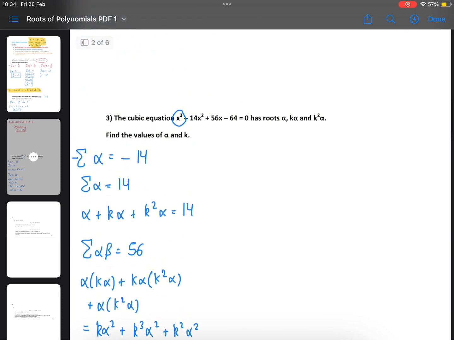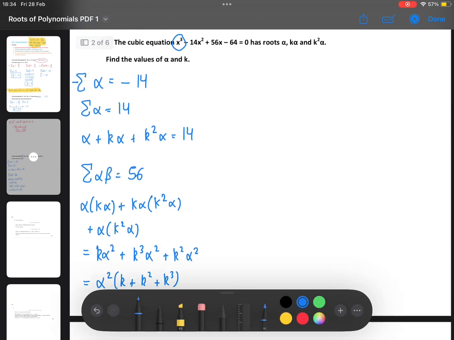And then I'm just going to come back up here to look at the sum of the alpha beta gammas. So the minus sum of alpha beta gammas, so the product of all the roots, is going to be minus 64.